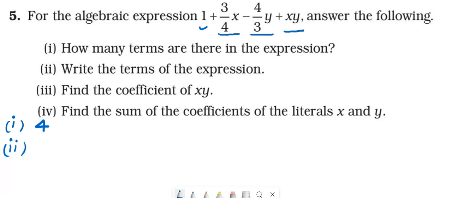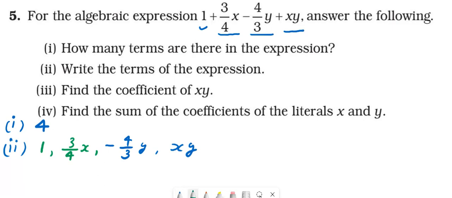Write the terms of the expression. So beta, the terms are 1, 3 upon 4x, minus 4 upon 3y, and xy. So beta, these are the terms in the given expression.